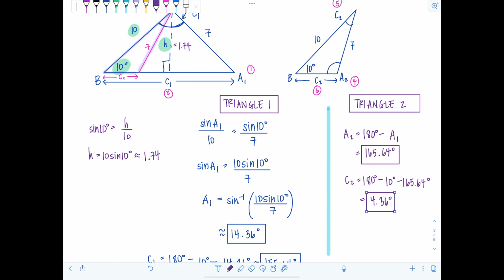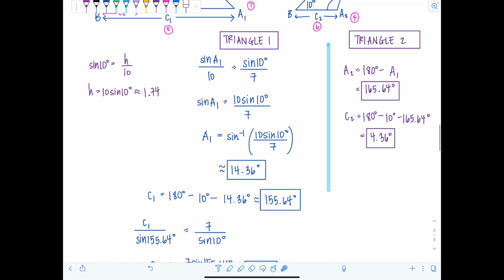If you mistakenly try to solve for two triangles when there is only one, this is where you'll run into a problem. You'll have a negative value. So the nice thing is if for some reason you still decide wrong, the math will save you. And then the last thing we do is we find that side C2, law of sines again. So side C2 over sine of 4.36 degrees equals what they gave us, so 7 over sine of 10 degrees.